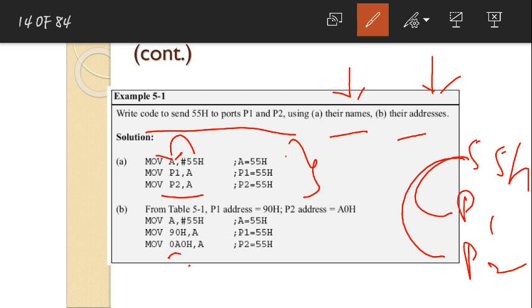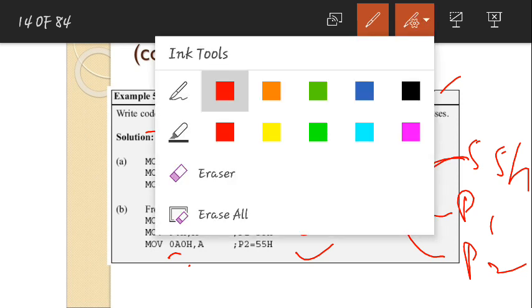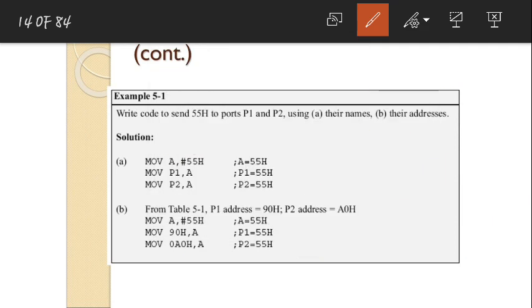So I am copying the content of A into the 90 location and into the A0 location. 90 means it will move into port 1, A0 means it will move into port 2. Is that fine? First you need to read the question properly, then understand it and write it.